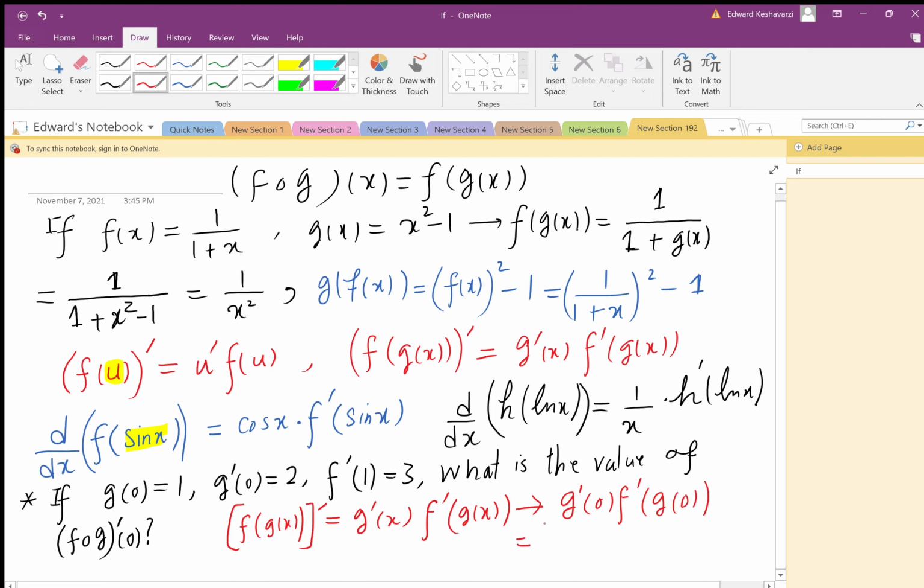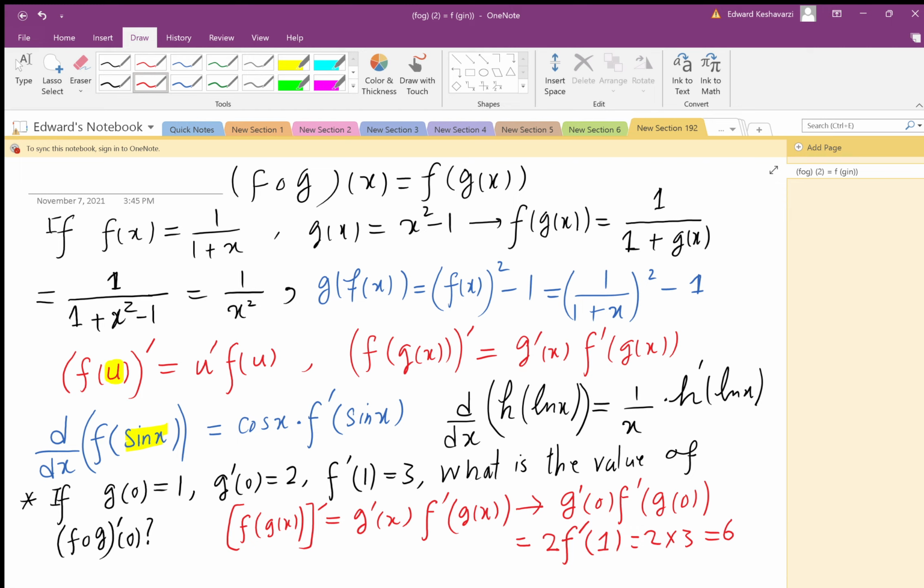So g prime 0 is given, which is 2, f prime, and then g of 0 also is given 1. Now we know that f prime 1 equals 3, so the answer would be 2 times 3, which is 6. This is how we take the derivative of composite function.